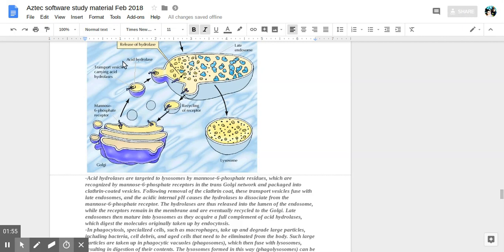These are proteins, produced by the ribosomes in the rough endoplasmic reticulum, then shipped via the Golgi folds.